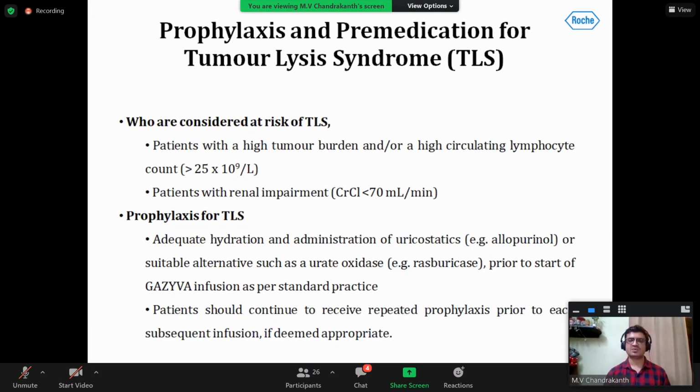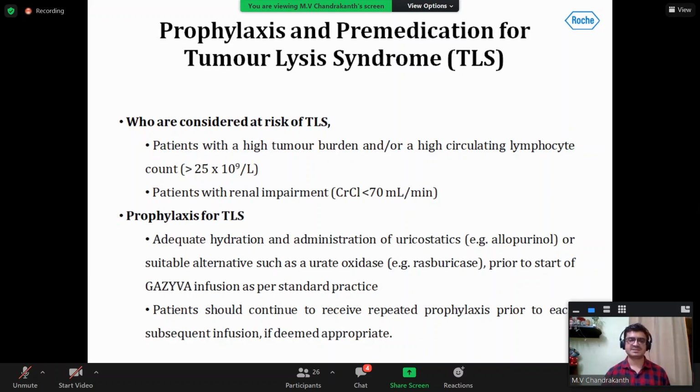We all know that we have to give tumor lysis syndrome prophylaxis, and tumor lysis depends upon the rate of proliferation of the target tumor and the burden of disease. So if it is a high grade DLBCL, or if the disease burden is so high, in this set of patients, if you give this potent anti-CD20, you're going to see tumor lysis syndrome.